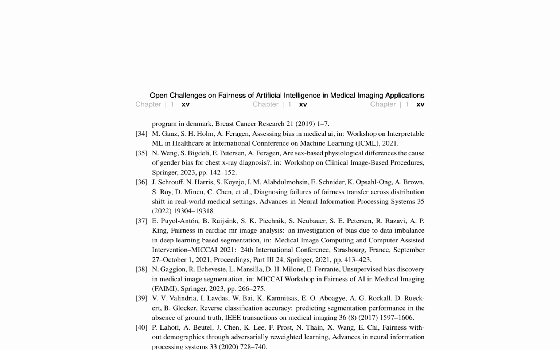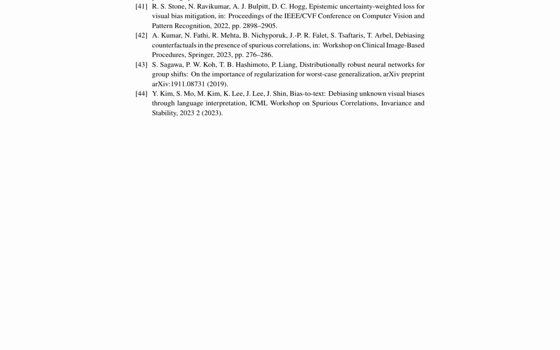The paper also delves into methods for mitigating bias, such as reverse classification accuracy, adversarially reweighted learning, and epistemic uncertainty-weighted loss. Moreover, it touches upon the need for distributionally robust neural networks to ensure worst-case generalization across different groups. The authors emphasize the importance of considering fairness and bias in AI development to ensure equitable healthcare outcomes.